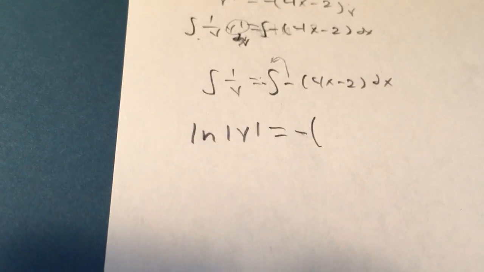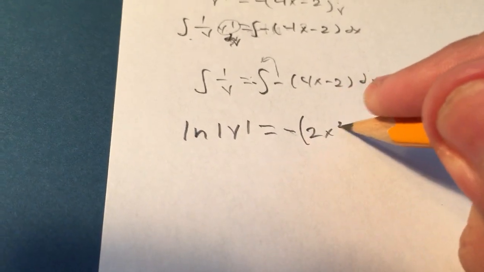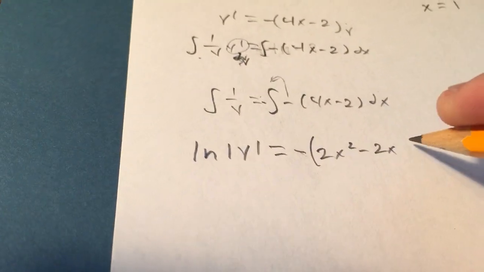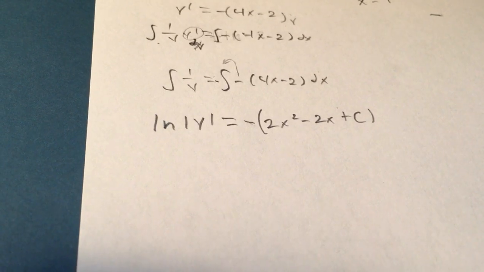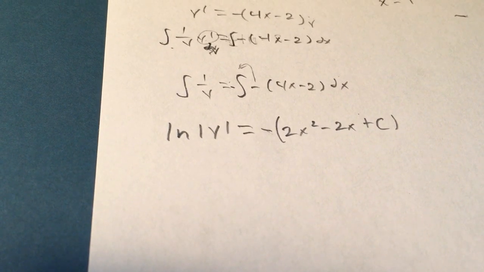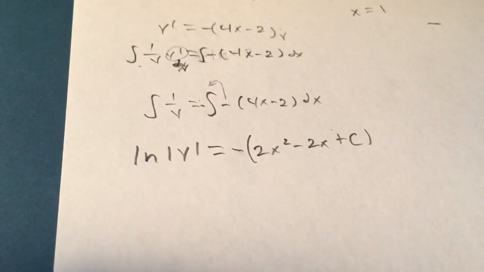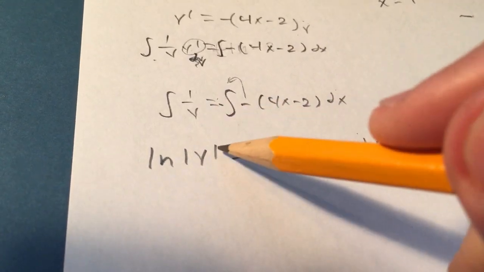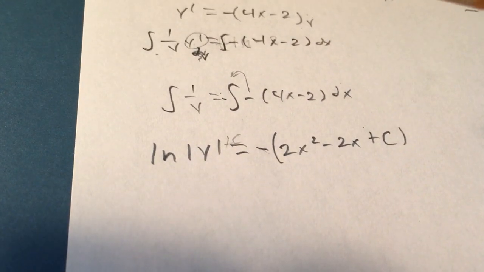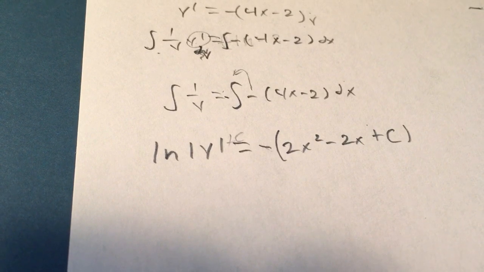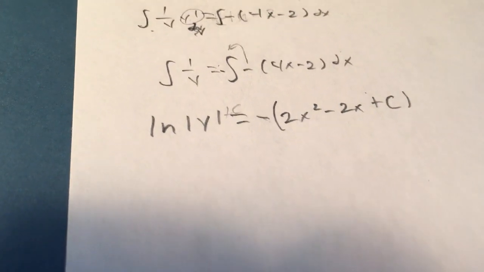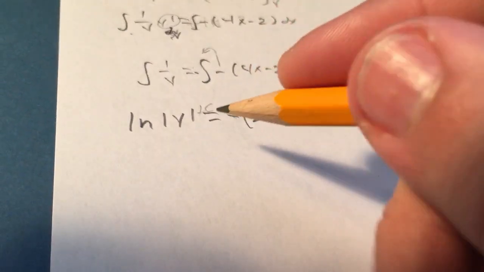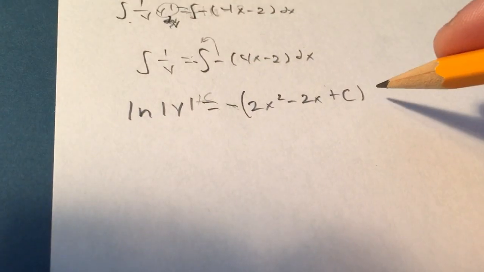You add 1 to the power and divide by the new power, so it's 2x squared minus 2x plus c, and the negative is outside. Usually you would have a plus c on the other side too, but we only use one c because it's easier, since we pretend we moved the c over from that side and it became a new c.